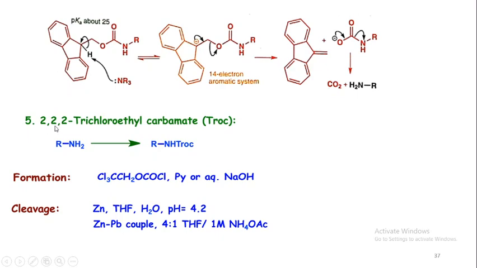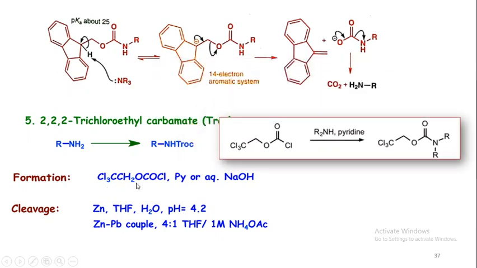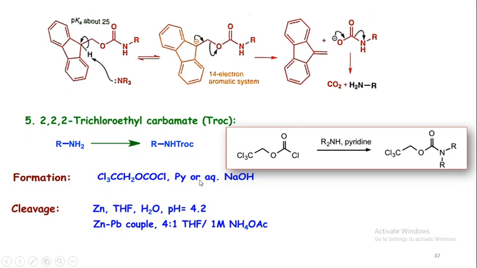The fifth method is TROC, that is 2,2,2-trichloroethyl carbamate, and this can be done by using this reagent in presence of base, that is trichloroethyl chloroformate in presence of base, and the deprotection can be done by using zinc in THF/H2O or Zn/Pb couple.